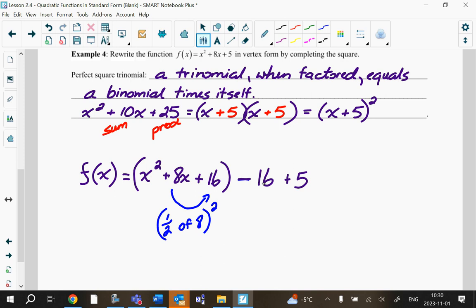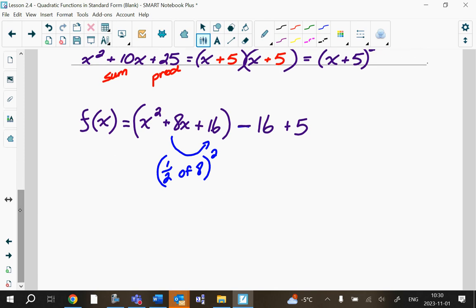And notice now that I've separated off the first three terms because that's what I'm going to factor. So let's factor it. What do you get? Positive or negative?